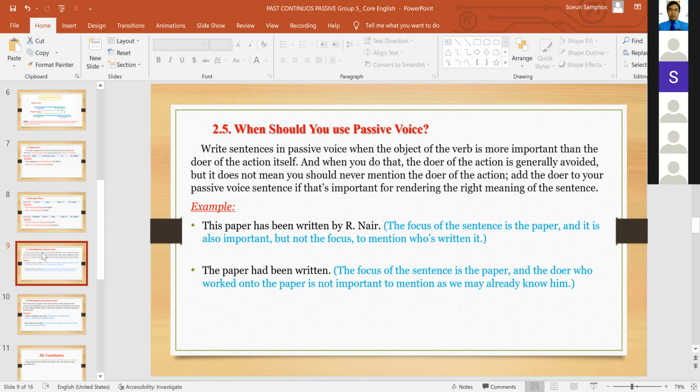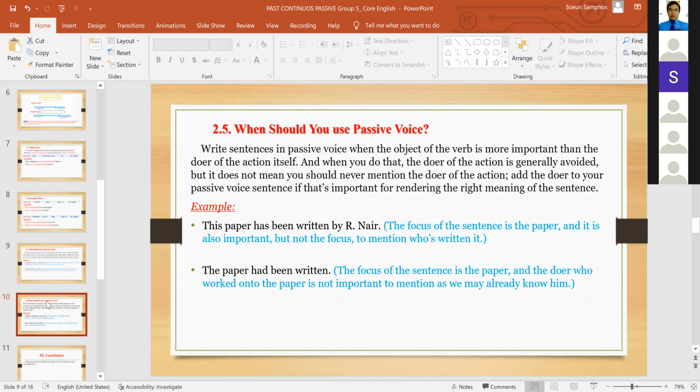For example, this report has been written by Oana. The sentence focuses on the report, but it does not focus on who wrote it. For the second example, the report has been written. The focus of the sentence is the report, and the doer who wrote the paper is not important to mention, or we may already know who it is.